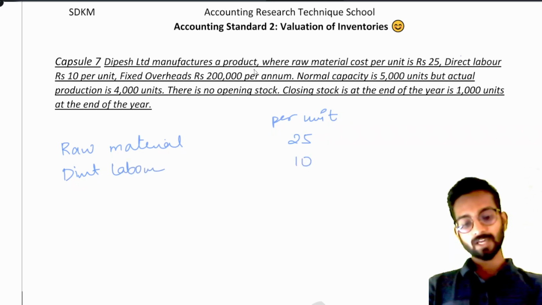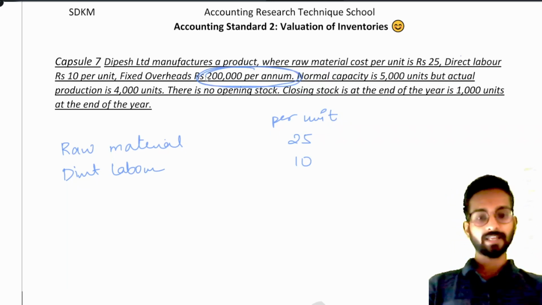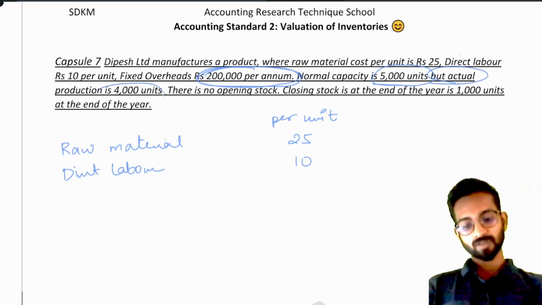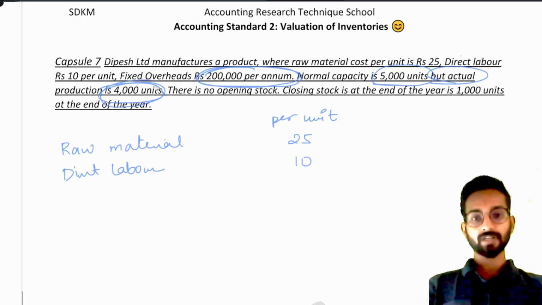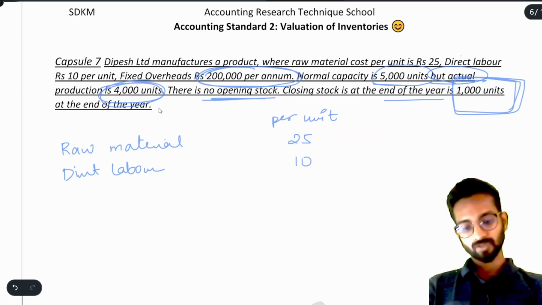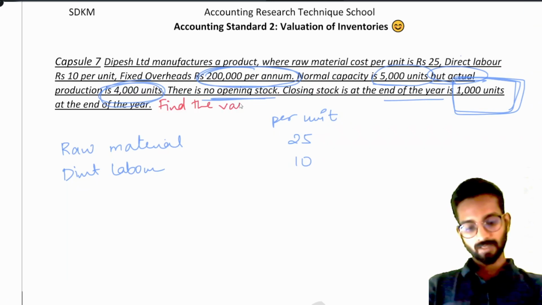Fixed overhead is 2 lakh rupees per annum. Now see, 2 lakh rupees is given for the entire year. Normal capacity is 5,000 units, but actual production is 4,000 units. There is no opening stock. Closing stock at the end of the year is 1,000 units. We have to find the value of closing stock.